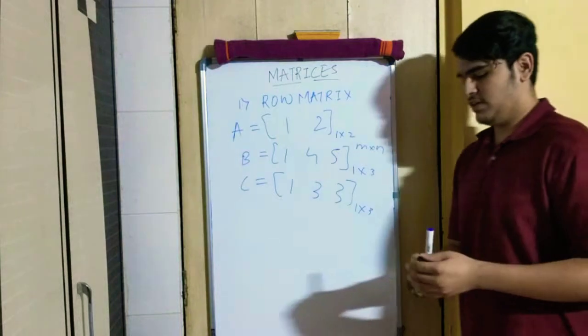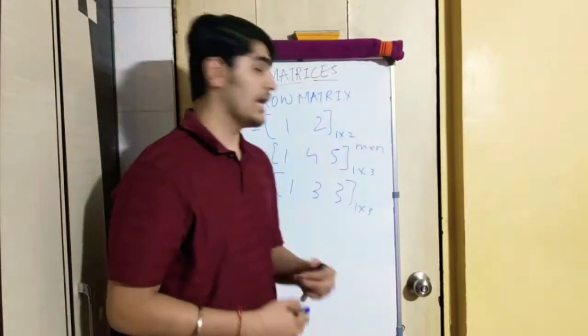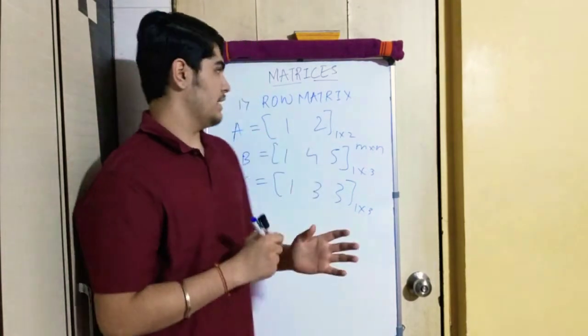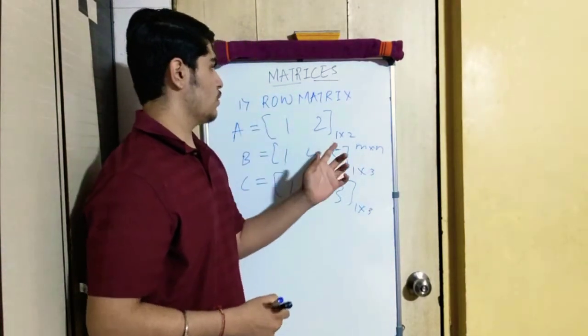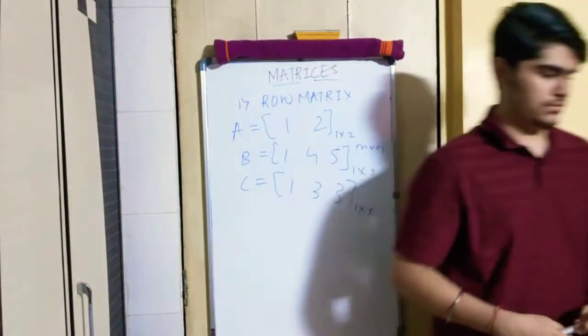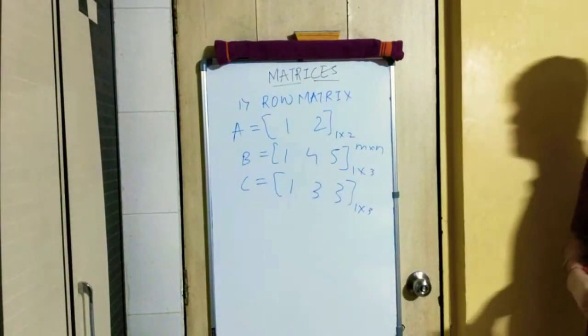If you want to write the definition of row matrix, I will dictate it. Row matrix is a matrix consisting of a single row and n number of columns.